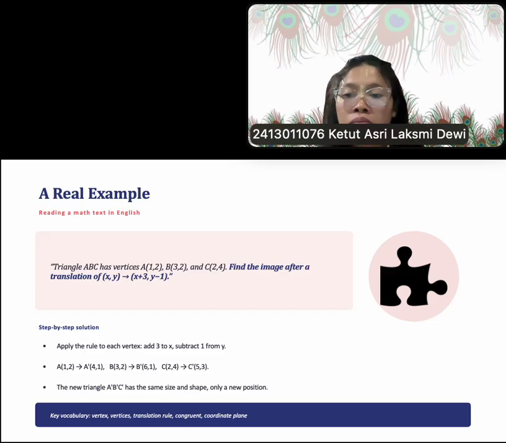Second, applying this rule, point A becomes A' and point B becomes B', and point C becomes C'. And third, notice that the new triangle, A', B', and C', has exactly the same size and shape as the original triangle. It has only changed its position.